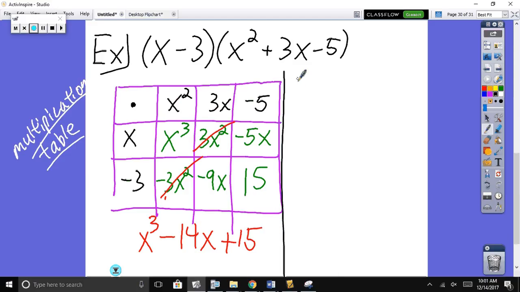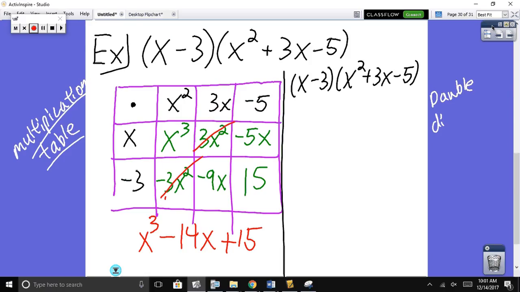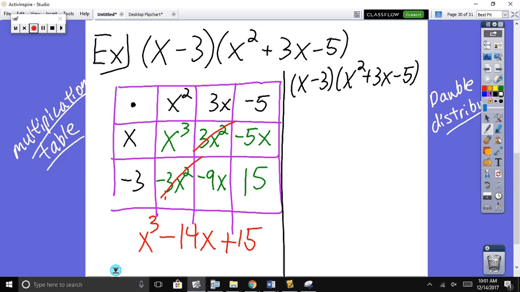But we can also use double distribute, and I'm going to show you that very quickly as well. With double distribute, it's similar to having just one number in front of the parentheses. So if we just had negative 3, we could distribute it to each part.